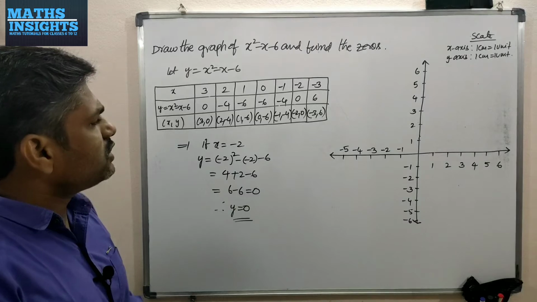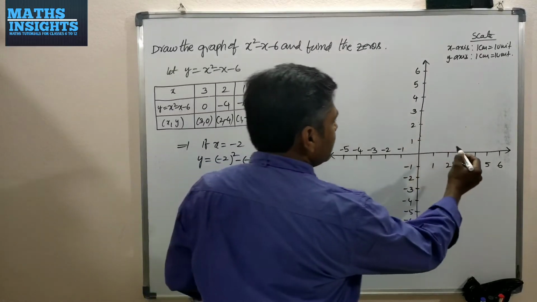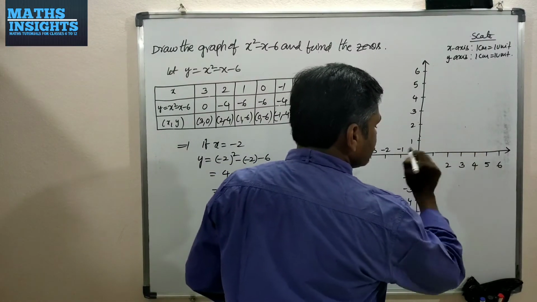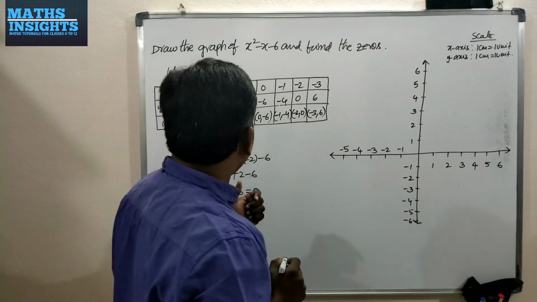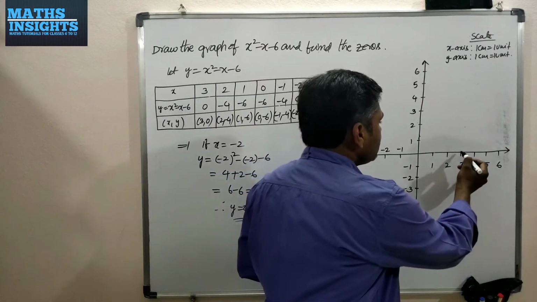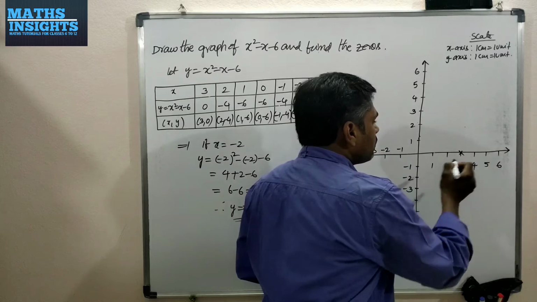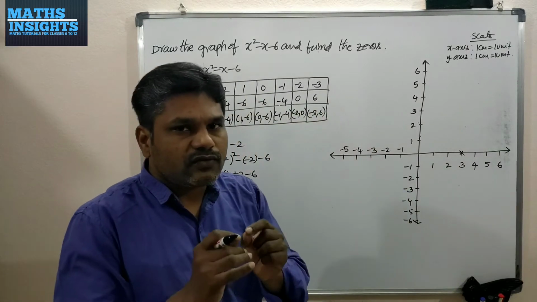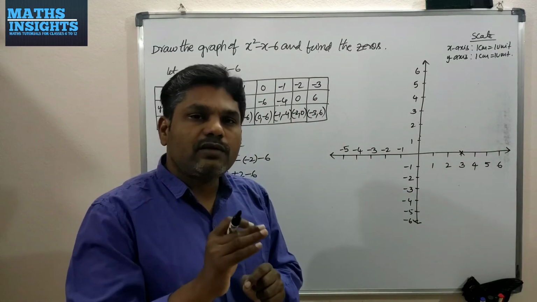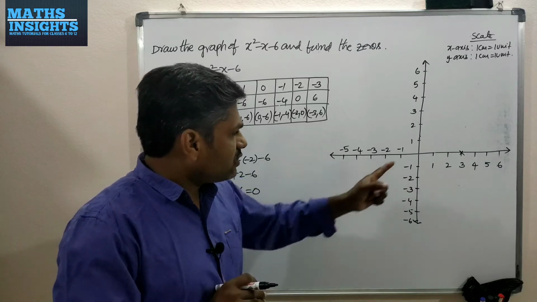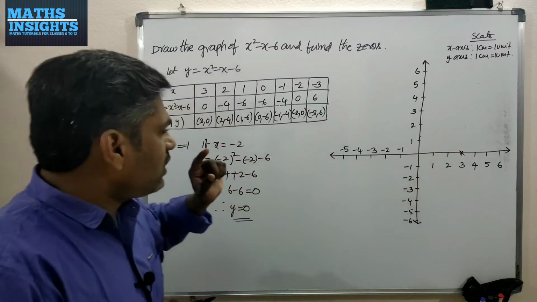Now 3, 0: the x value is 3 and the y value is 0, means you have to put a point here. Why? Because if the y coordinate is 0, that point will be on the x-axis. So that's why I am taking it on the x-axis.